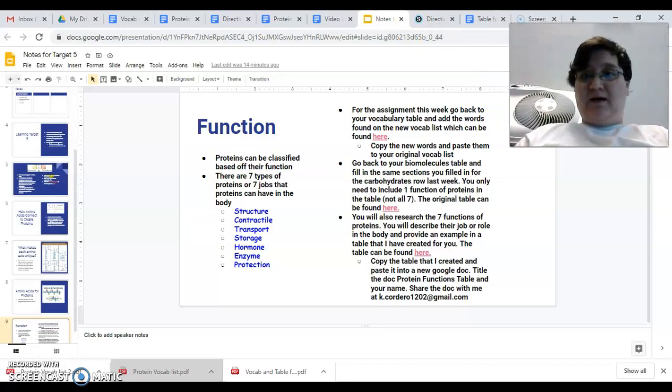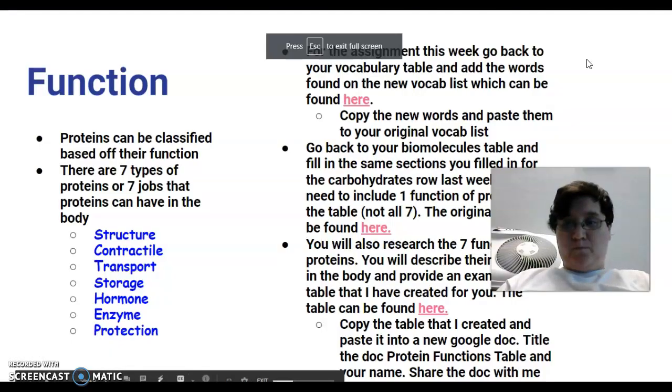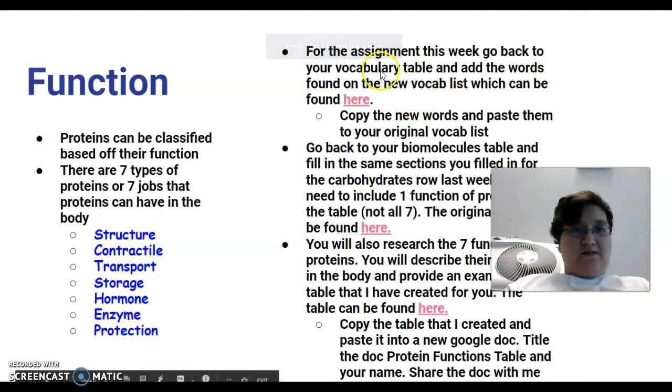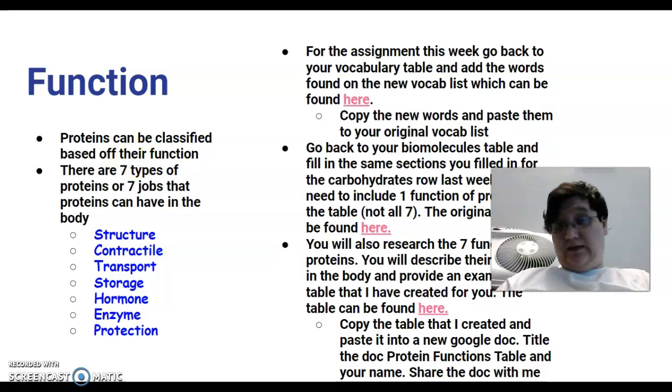So I ended my last video on this slide here. I'm going to move my face and blow this up a little bit. It says function. Proteins can be classified based off of their function. Proteins can be classified in a number of ways.